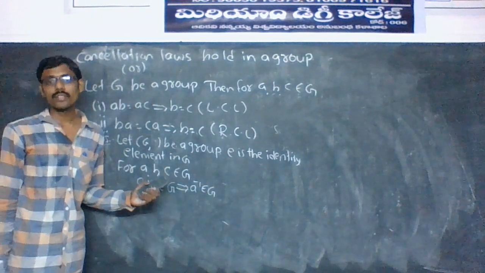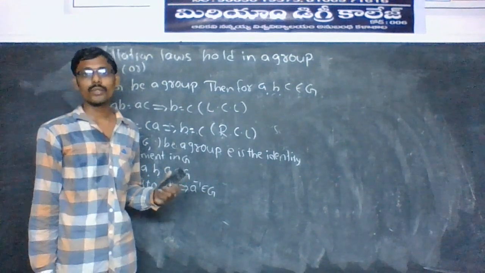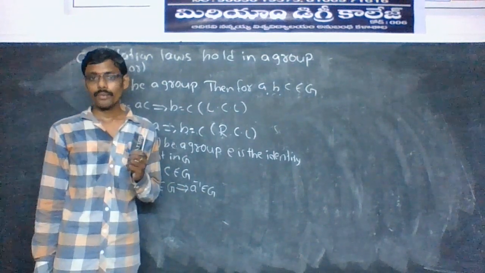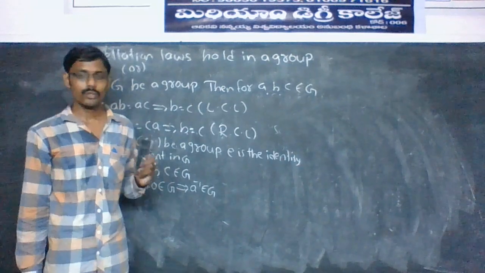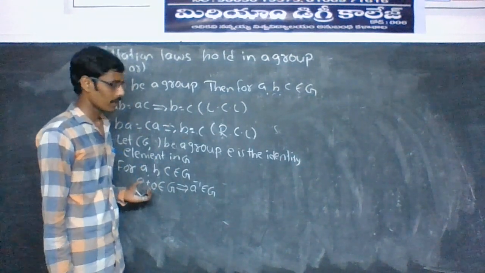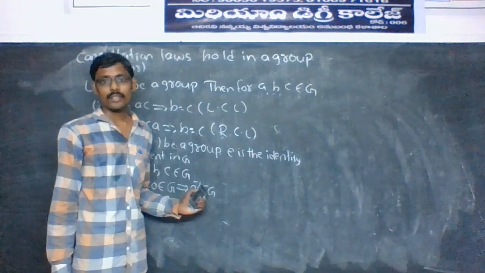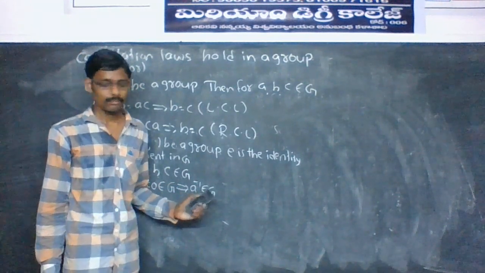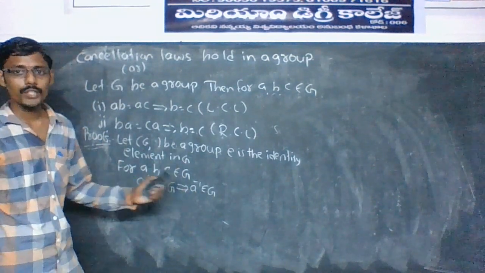The group satisfies four properties: closure law, associative law, existence of identity, existence of inverse. So A belongs to Z, and Z contains element A, which implies A inverse belongs to Z.